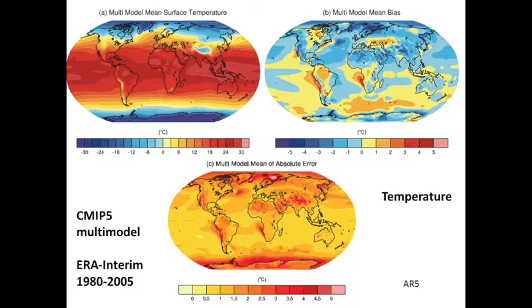The reanalysis data set is a set of data that uses a model but includes observations. So it's run with the real observations. So we can say that this set of data is an observational set of data.